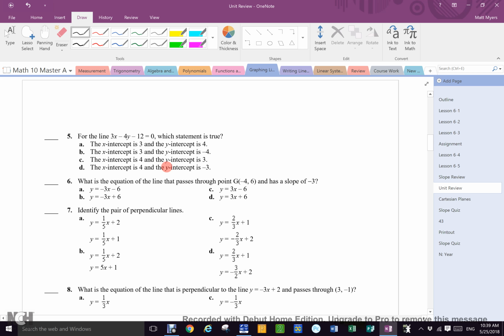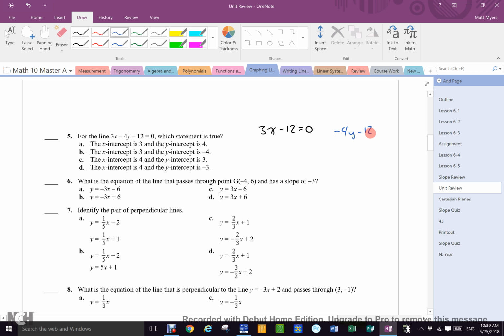Ooh, toughie. So every answer has to do with x and y intercepts. So I better find the x and y intercepts, right? X-intercept. What happens to the y when I'm looking for the x-intercept? Drops out. 3x minus 12 equals 0. What happens to the x when I'm looking for the y-intercept? X drops out.